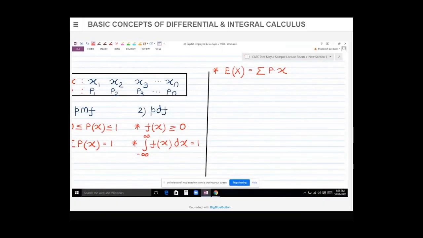Therefore, E of x is equal to summation of p into x.